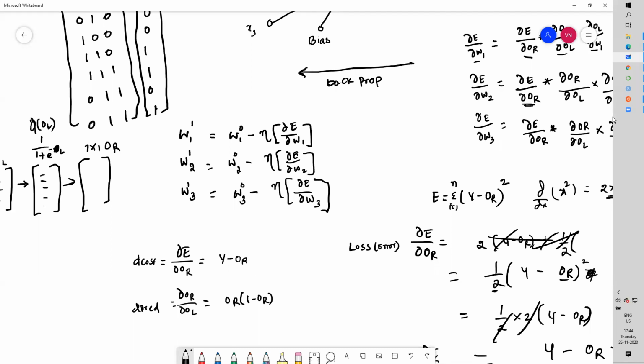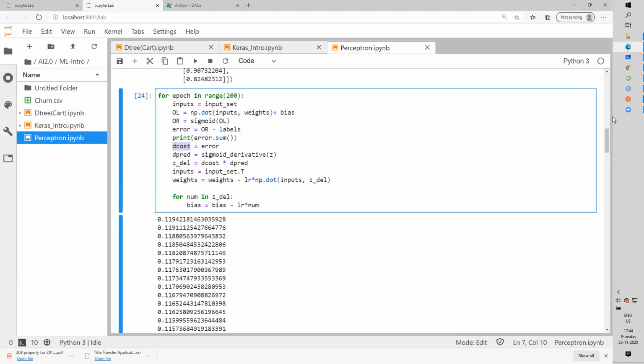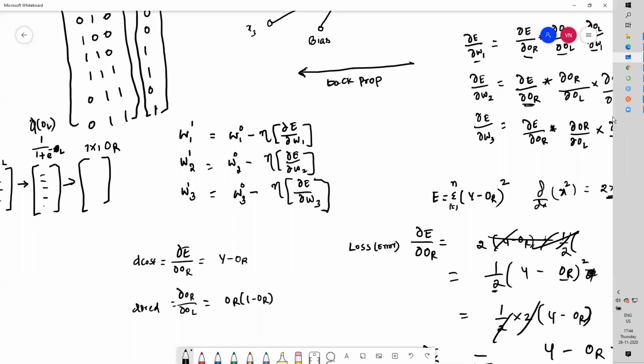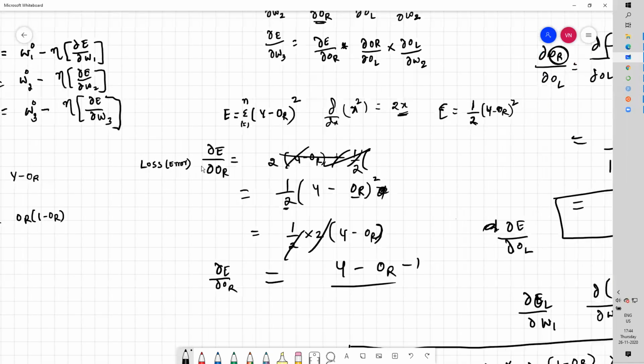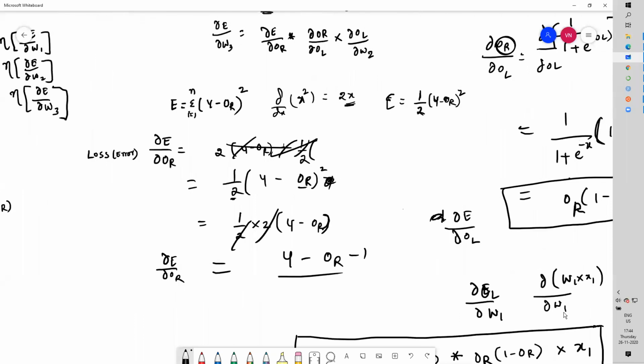And finally, the derivative with respect to your inputs, right? Sorry, the derivative with respect to weights: dou W1 x1 divided by dou W1, and rest all of them are constants.